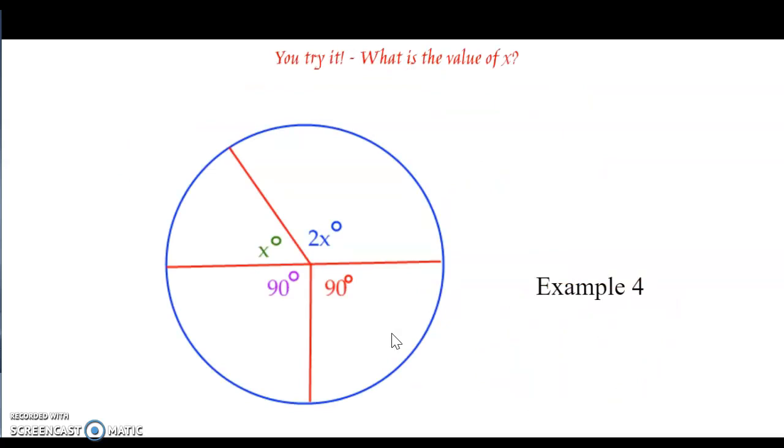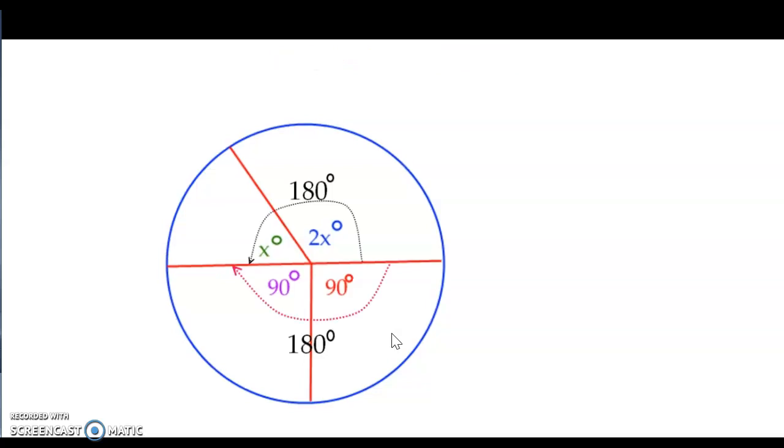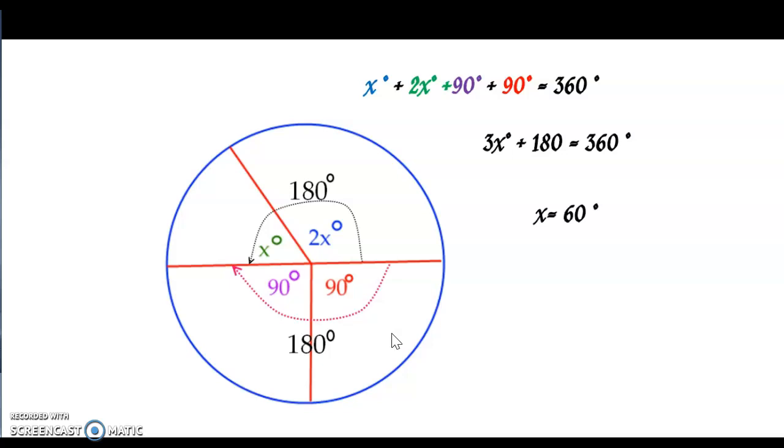Okay, how about this one? x plus 2x plus 90 plus 90 has to be 360 degrees. So we get 3x plus 180 degrees is 360, and therefore x has to be 60 degrees, and the other angle has to be 120 degrees.